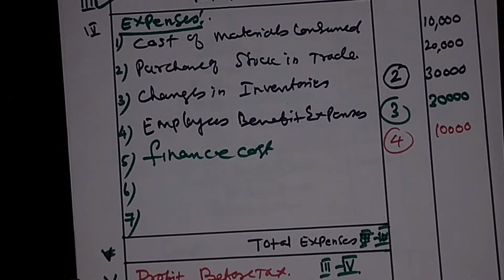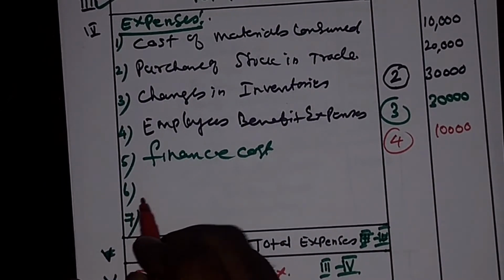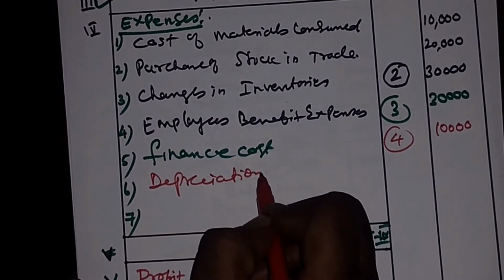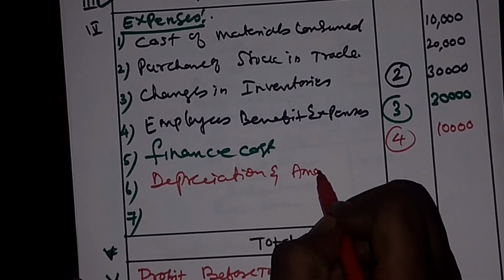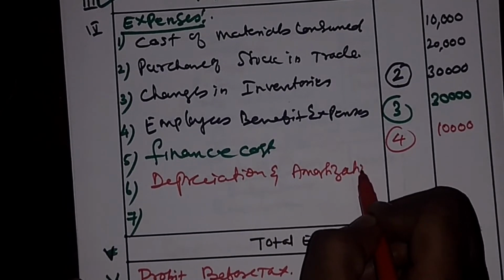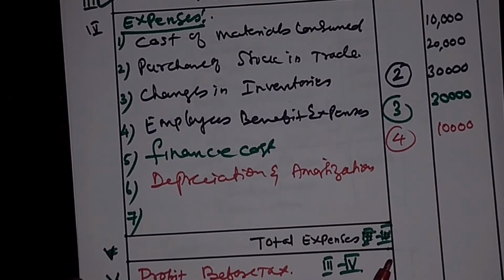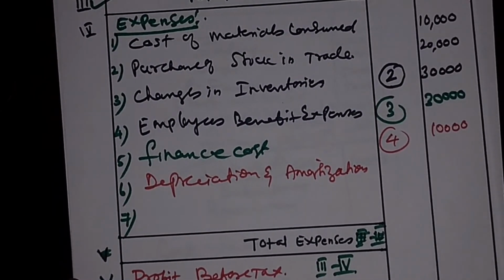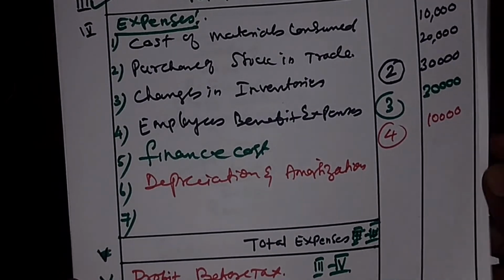Now let us see here, finance cost, note number 4, 10,000 rupees. After the fifth point, the sixth point is depreciation and amortization. What is this depreciation and amortization? Once again let us see the working note with explanation.